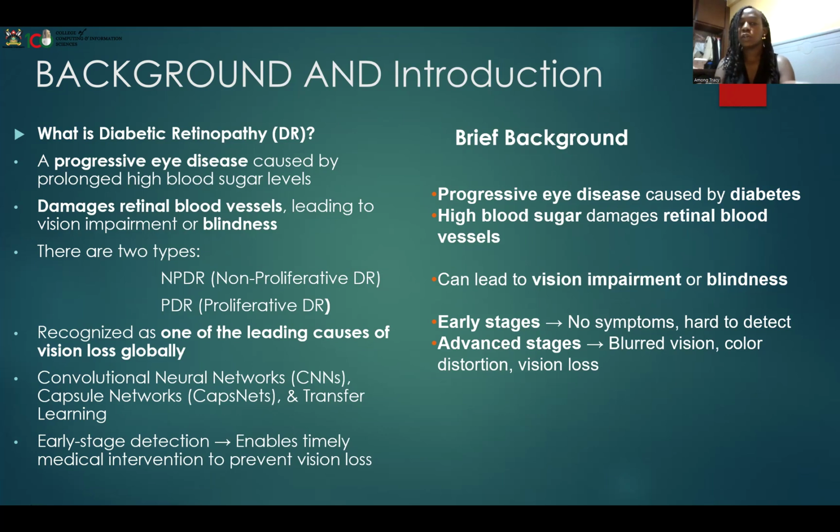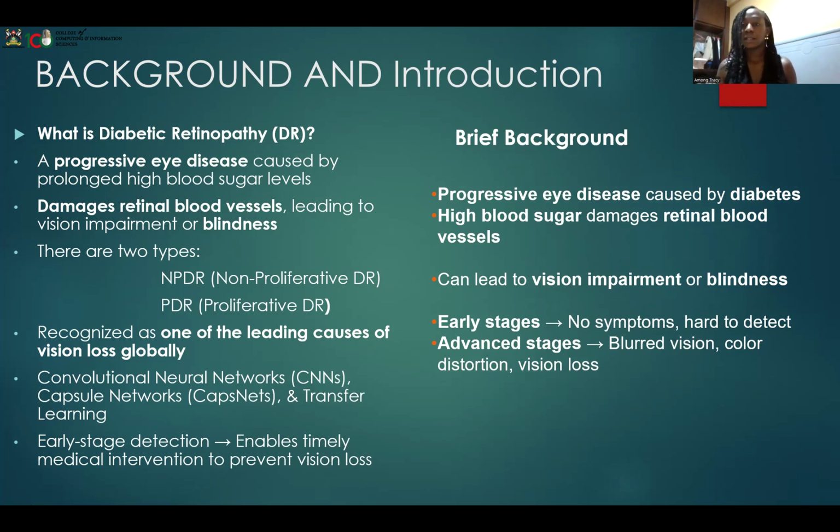So here, as you can see, it is recognized as one of the leading causes. One important thing that you should note is that about 30 to 40% of people in the world suffer from diabetic retinopathy, which deems it a global problem. So in this project, we intended to use CNNs, which are convolutional neural networks, and then capsule networks as well as transfer learning.